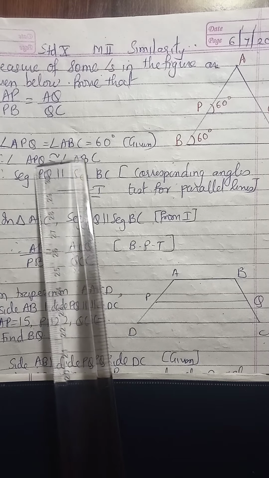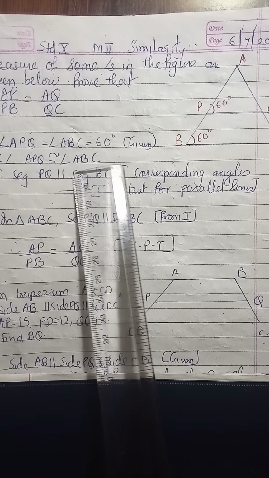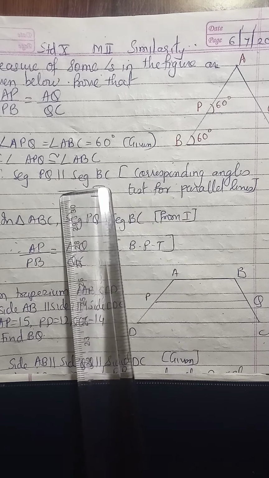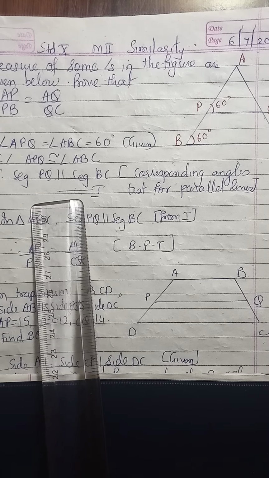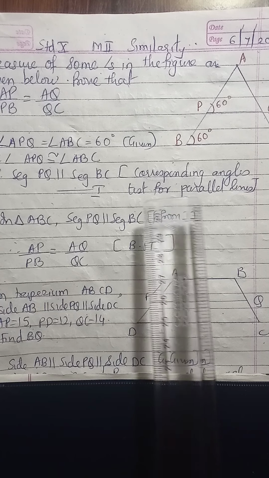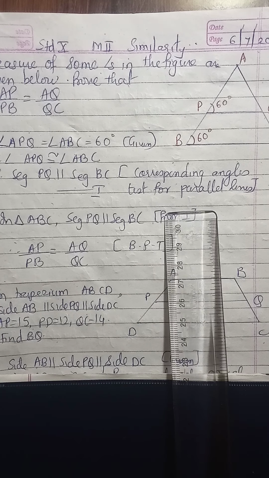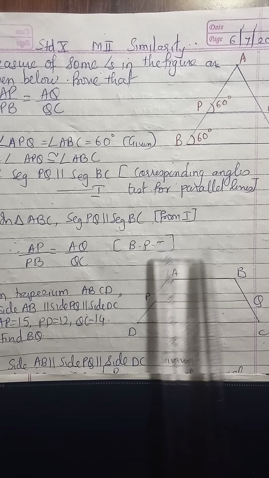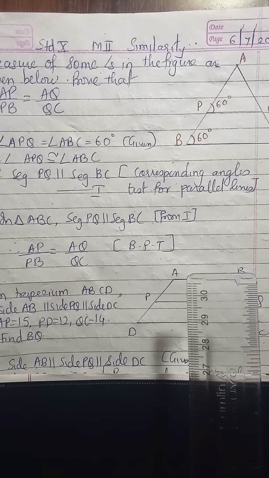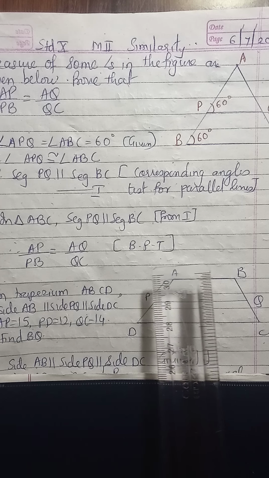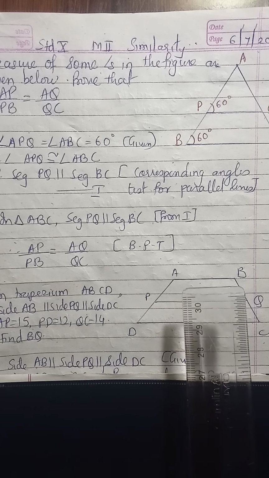So angle APQ equals angle ABC equals 60 degrees, given. Therefore angle APQ is congruent to angle ABC, and therefore seg PQ is parallel to seg BC, by the corresponding angles test for parallel lines. Since they are parallel, in a triangle the one theorem we can use, which we have studied, is BPT.